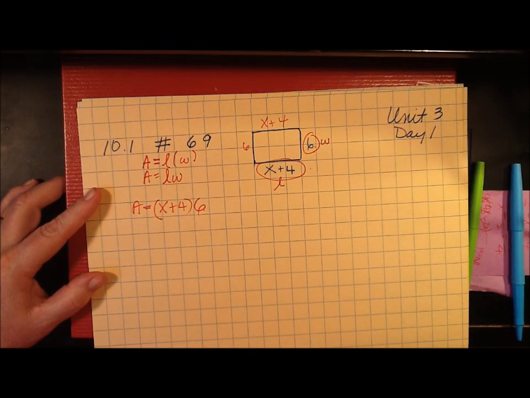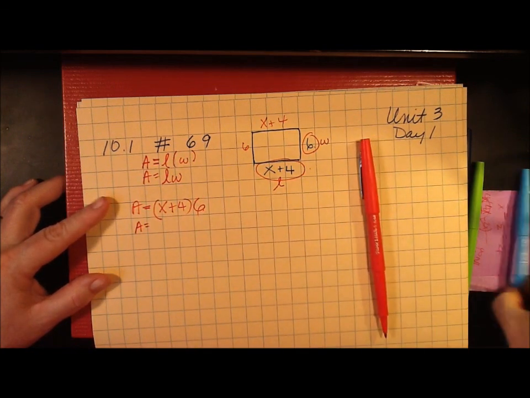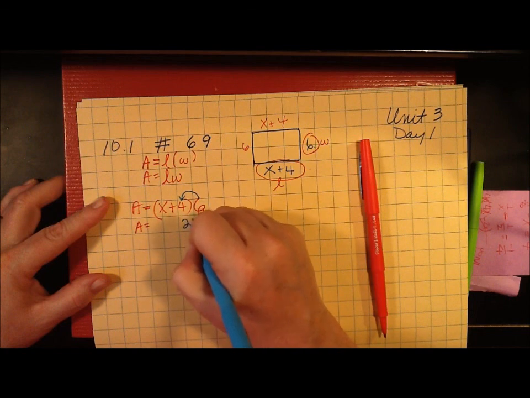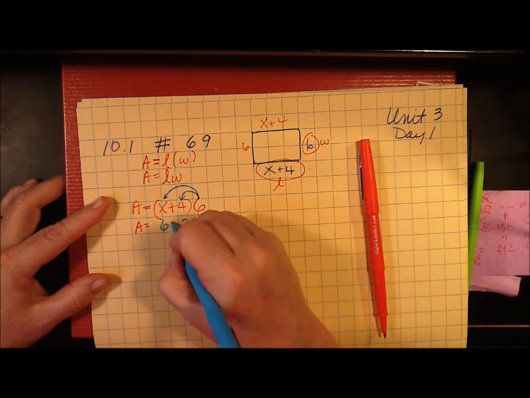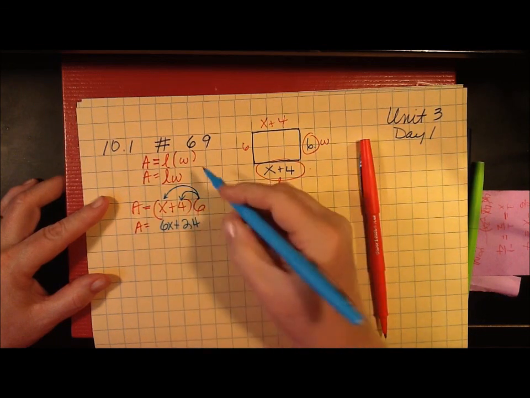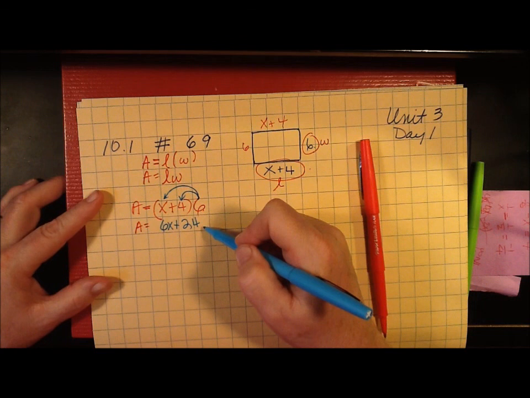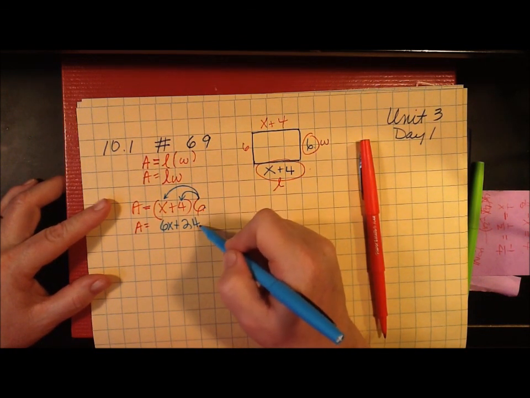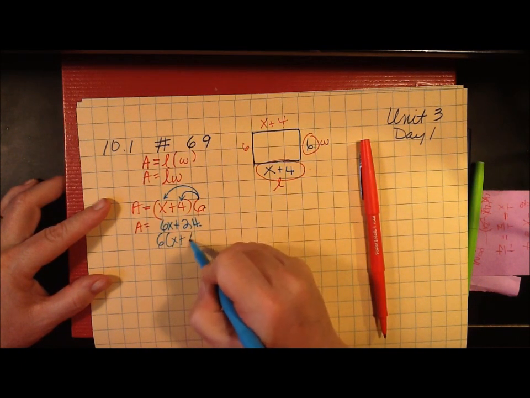Now, I could also continue to write this out and distribute it, and I would have 6 times 4 is 24, and 6 times x is 6x. These two expressions are equivalent. That means that they are equal. You can see that I went from here to here, and by the same idea I could go from here to here.